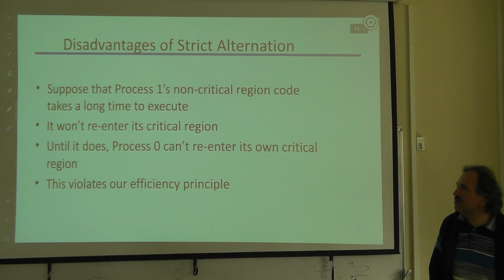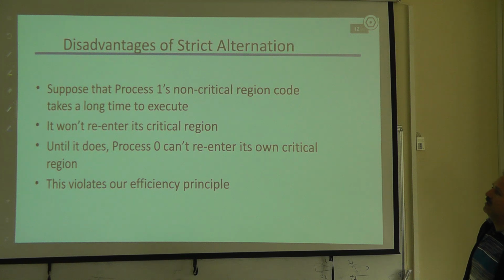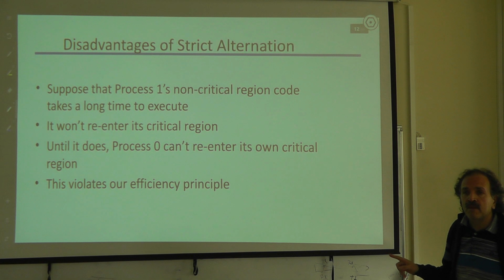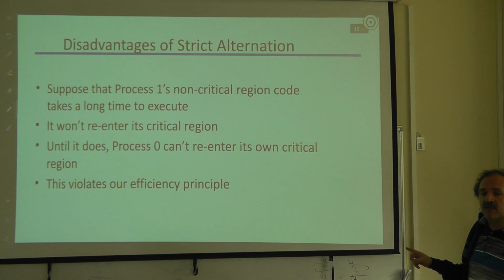So the strict alternation problem is: if process 1's non-critical region code takes a long time to execute, process 0 can't enter its own critical region until then. This is very different from waiting for the other process to leave its critical region, right?